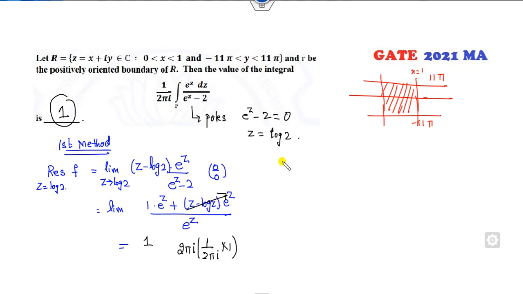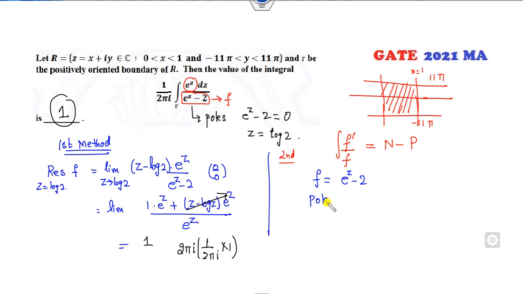Another way, there is a one more method that is quite easy for you. You can see this term is nothing but f dash over f. You can see if I consider this is my f derivative, this is my f dash, so I can apply the argument principle n minus p. What is the f is? E raised to power z minus p. Is there any pole of this f? There is no pole. How many zeros are there?